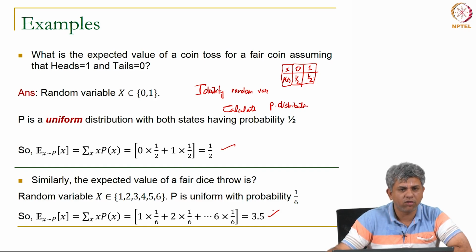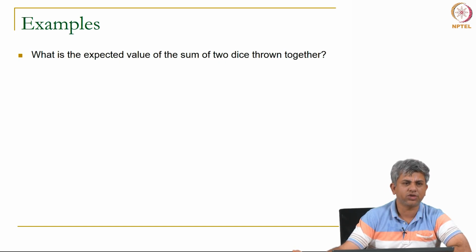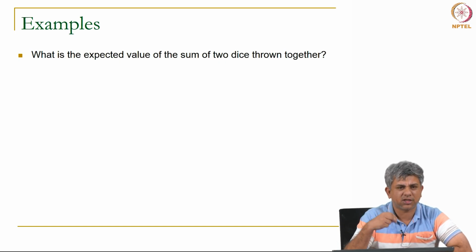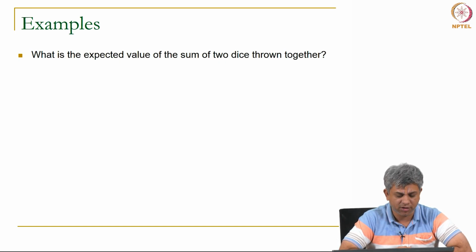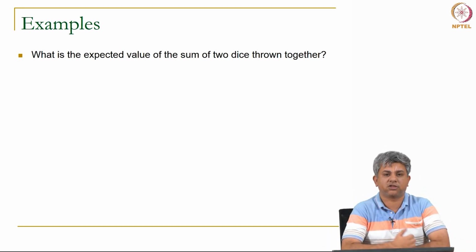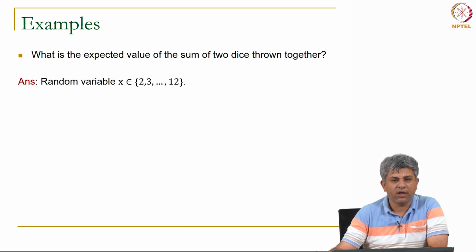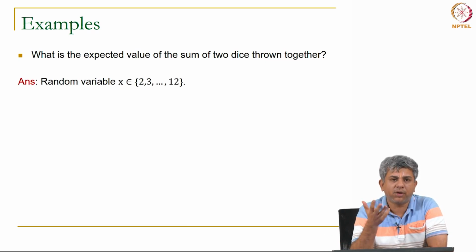Let us look at a slightly more complex example. This is just to see maybe a slight increase over simple averages. So, what is the expected value of the sum of 2 dice thrown together? Now, the random variable here is any number between 2 and 12. Obviously, 1 cannot occur if you are throwing 2 dice and taking the sum.